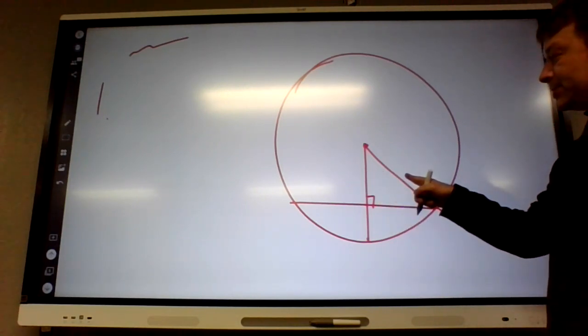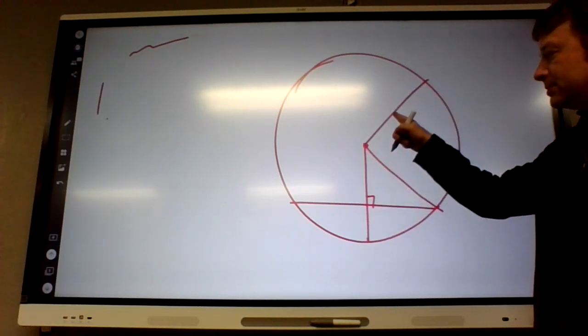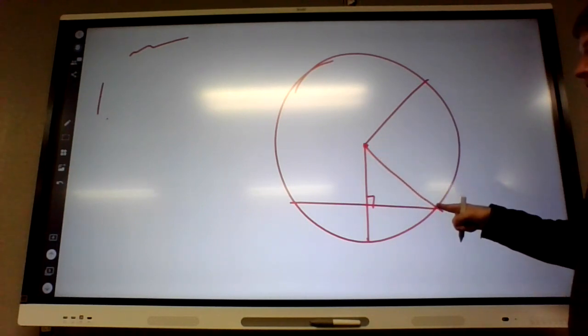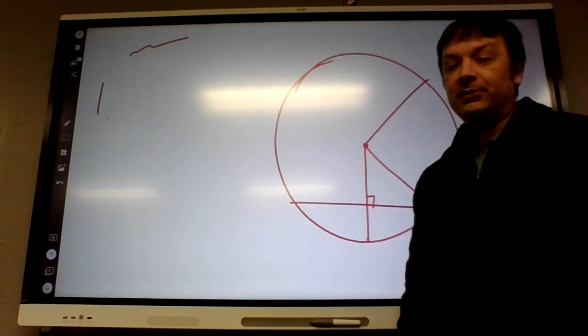This radius should be the same as any other radius. So if we draw in the line they did not draw, make it a radius, and use the Pythagorean theorem to find it.